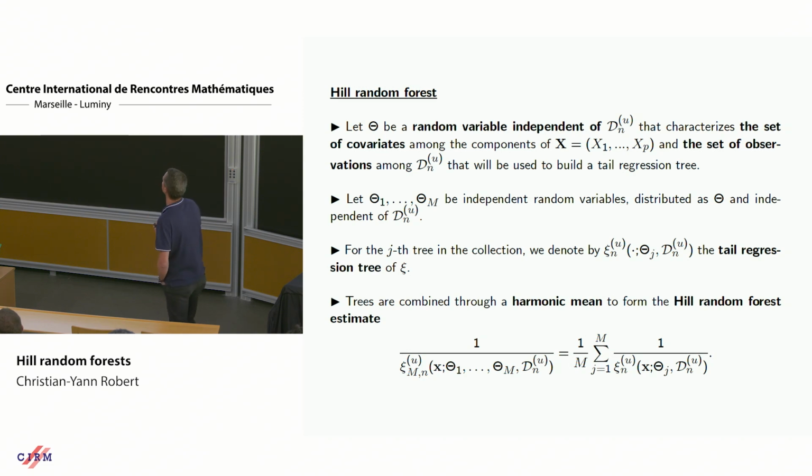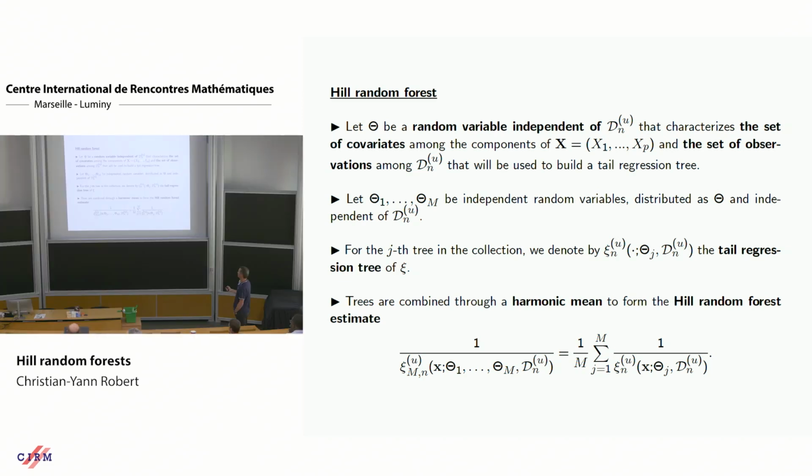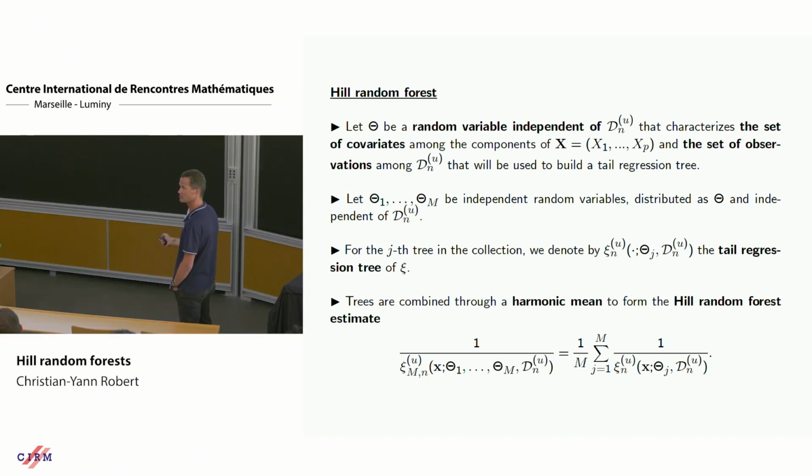Let theta be a random variable independent of the data, which you use to choose a subsample of your covariates and a subsample of your data. Then you compute a regression tree. You do that M times, for theta 1 to theta M, and you obtain M regression trees, and then you aggregate with an average to obtain a new estimator which is more robust.